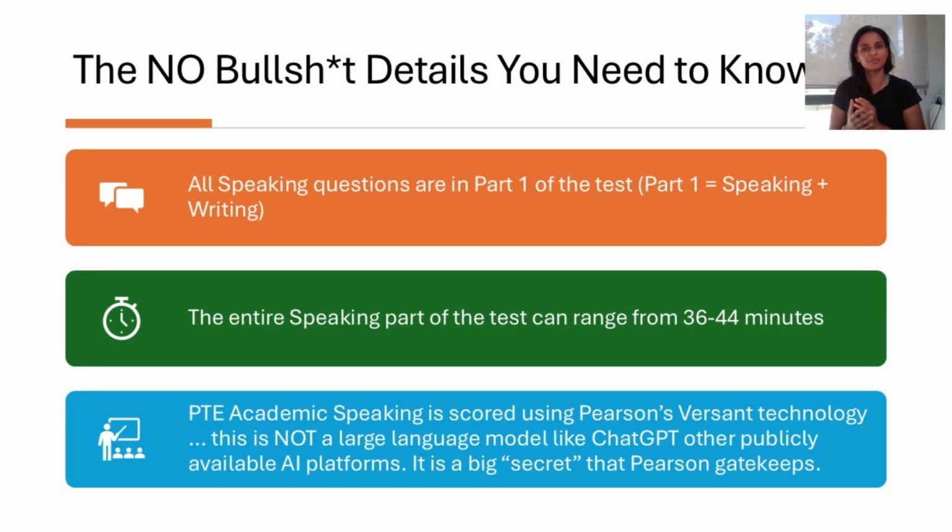And that also means that all your practice platforms that you use from Ape Uni to Alpha PTE do not have the software, including all the latest AI software. None of them actually have Pearson's Versant tech. If you don't have the software, you don't actually know how accurately you're being assessed.